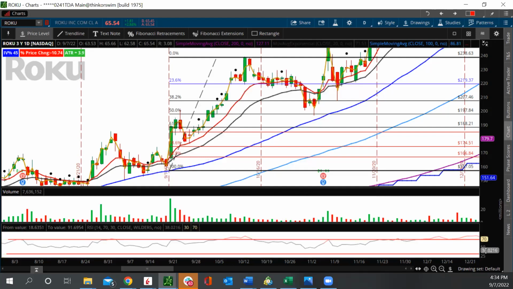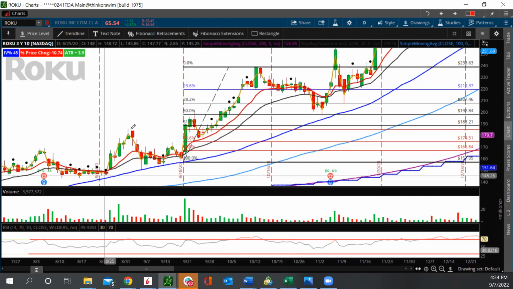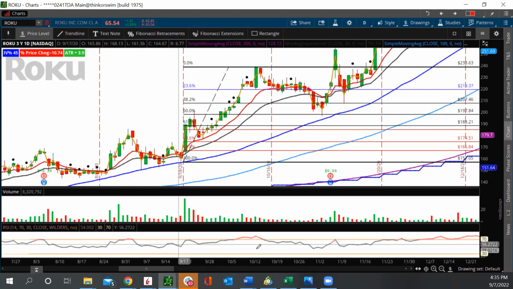Let me squish this up a little bit. When you are using this in conjunction with RSI, you can see in a couple of the examples we used, right before price starts to roll over, that it got overbought. When something goes above that 70 level, it's considered overbought. If it drops below the 30 level, it's considered oversold.